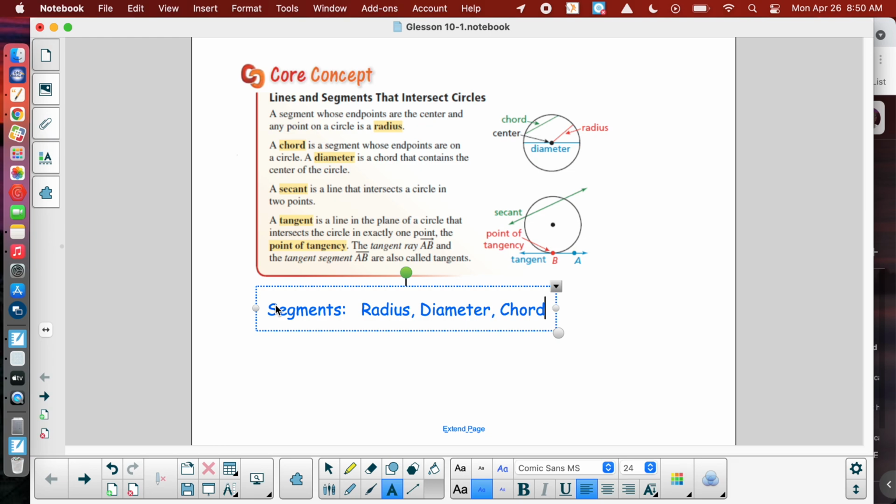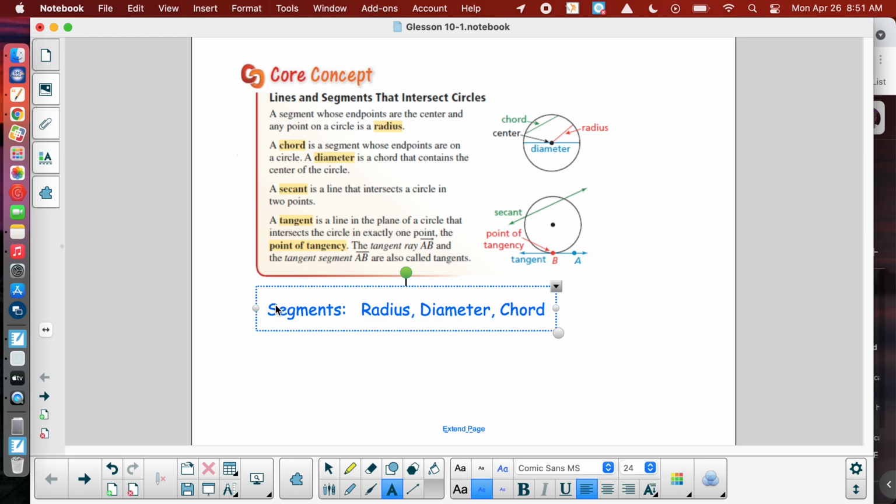They have to have distinct endpoints, okay? The radius endpoints are at the center and on the circle. The diameter endpoints are both on the circle, but it goes through the center. The chord endpoints are both on the circle. Diameter is technically a type of chord, the longest chord of the circle, but that's the diameter.